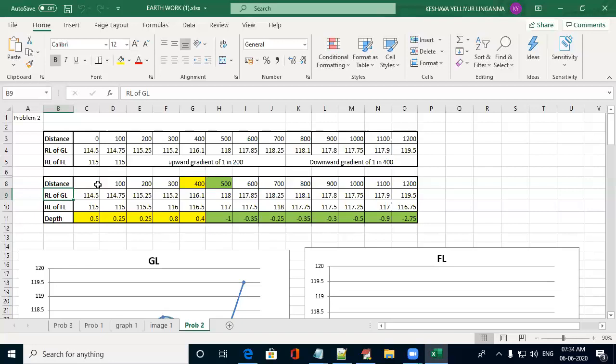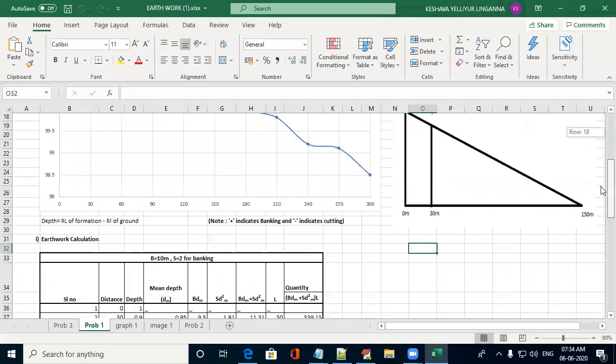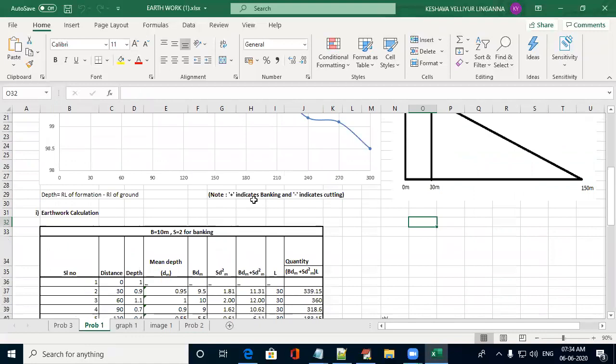From 0 to 400 there is a positive value, yellow. After 400 everything is negative, that is cutting. Negative indicates cutting, positive indicates filling. I have explained in the first problem about this. If the sign of the depth is positive, it indicates banking, that is filling, and if it is negative, it indicates cutting.